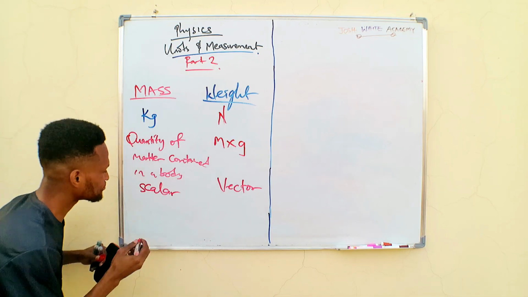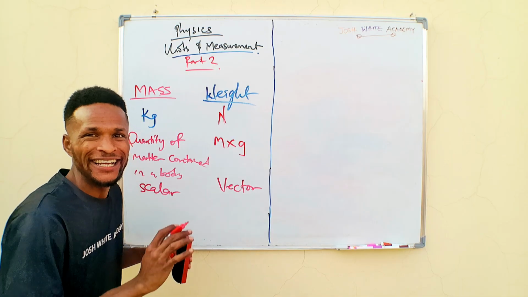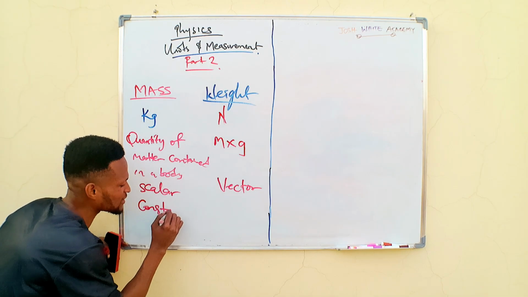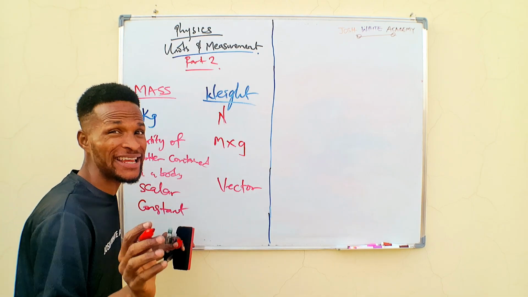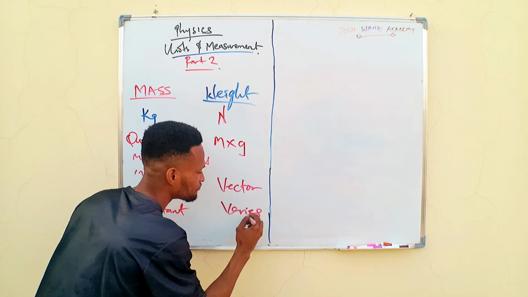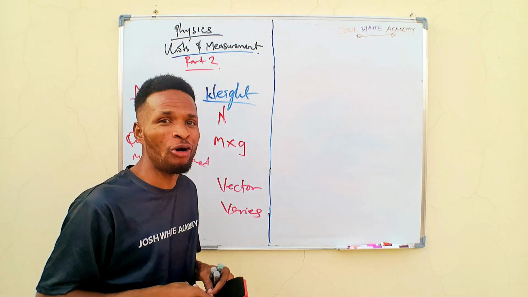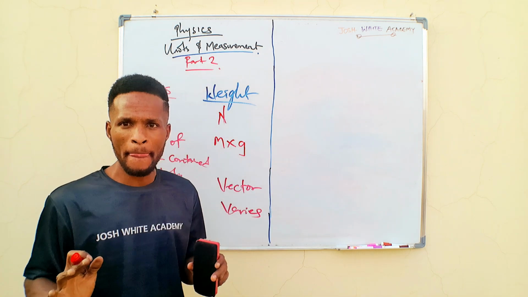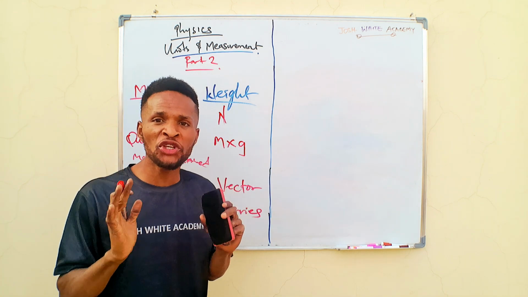Number 4, mass does not change. It's constant everywhere in the universe, whereas weight varies. This is because of the differences in gravity in different parts of the universe.